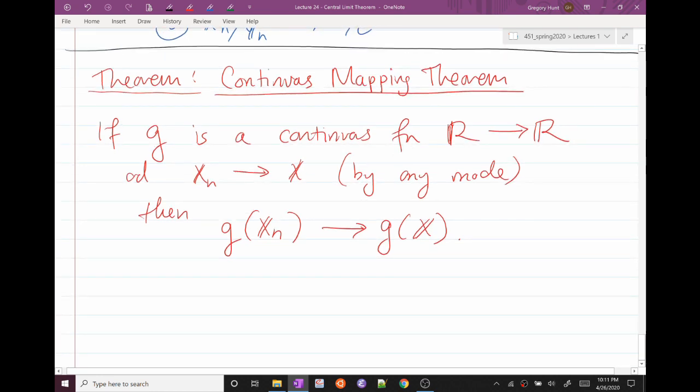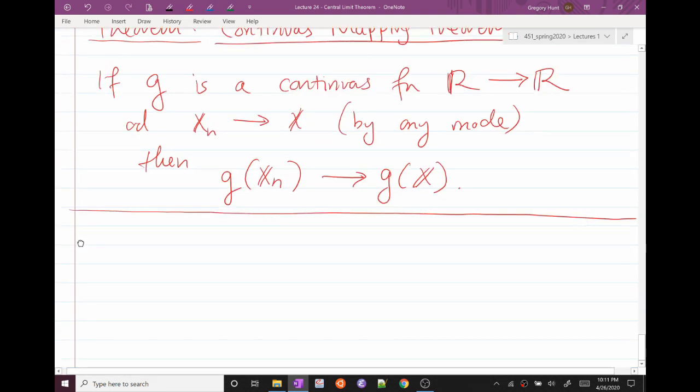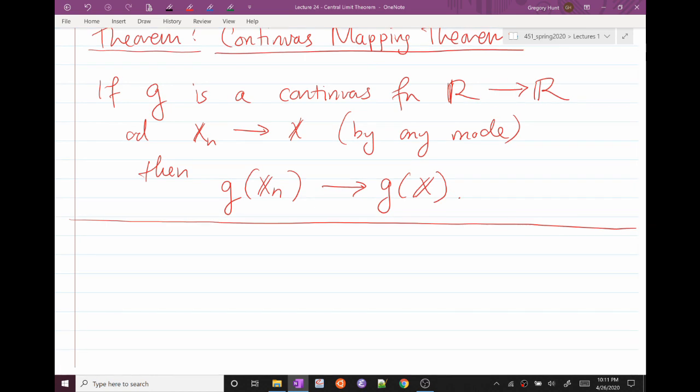So we can just apply g to both sides of the limit, and everything works out hunky-dory. This may seem like kind of an amazing theorem, because you get everything for free. And so we can say this is true for any type of convergence.